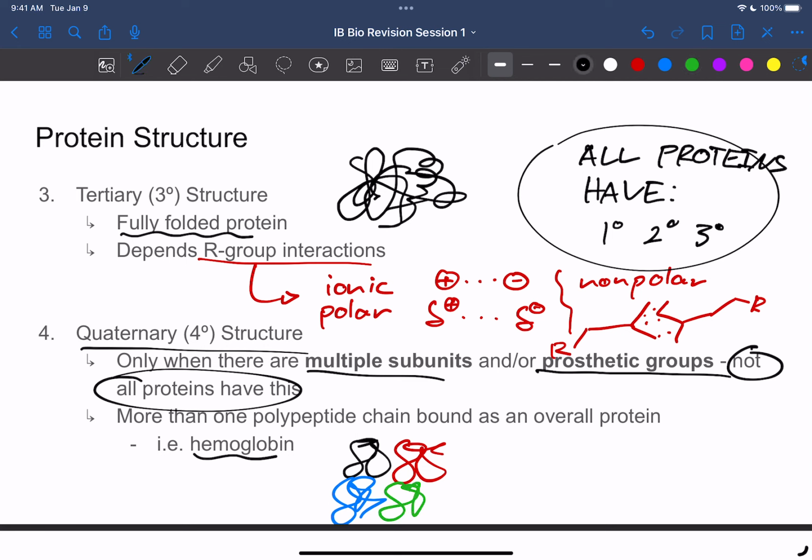They're all kind of the same, and one really special thing they have is heme, and this is what allows oxygen binding. This is what allows hemoglobin to transport oxygen. And then this has 4 globin subunits.